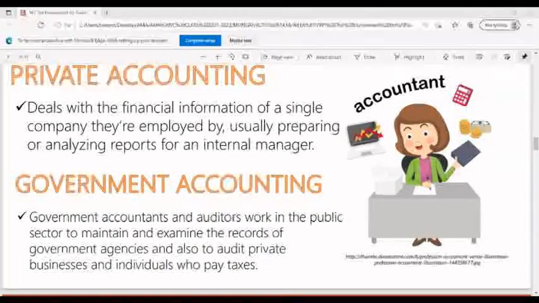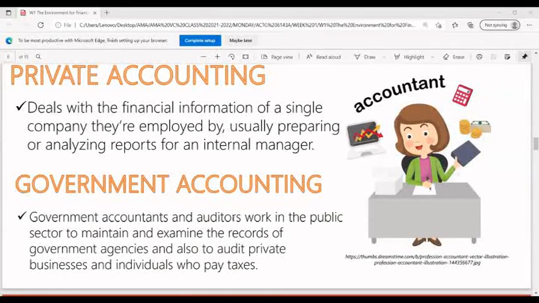They are the controller, the CFO, the chief finance officer. They are the finance manager, while the external auditor is outside of the premises of the company. For example, they are outsourced.